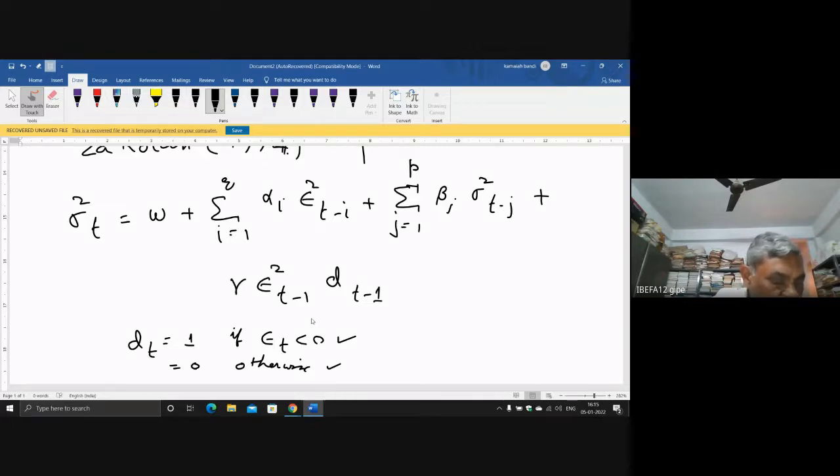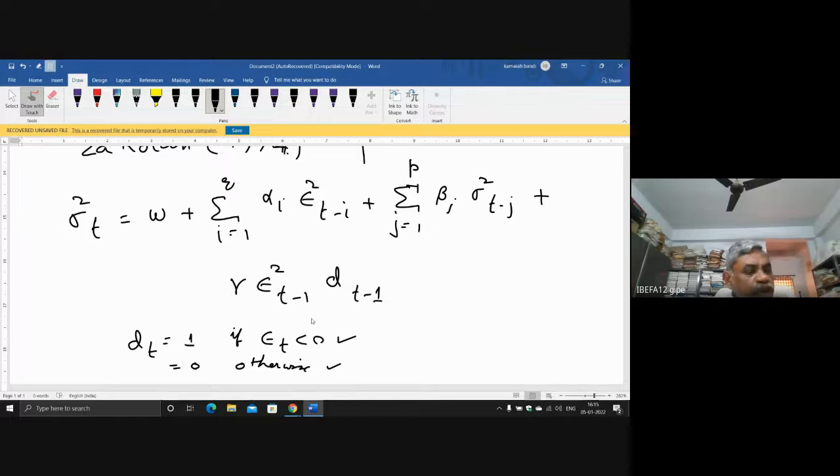If gamma is positive, then leverage effect exists and bad news increases volatility. While if gamma is not equal to 0, the news impact is asymmetric. This is there in Ruey Tsay's book. You don't need to worry if you are not able to capture this.